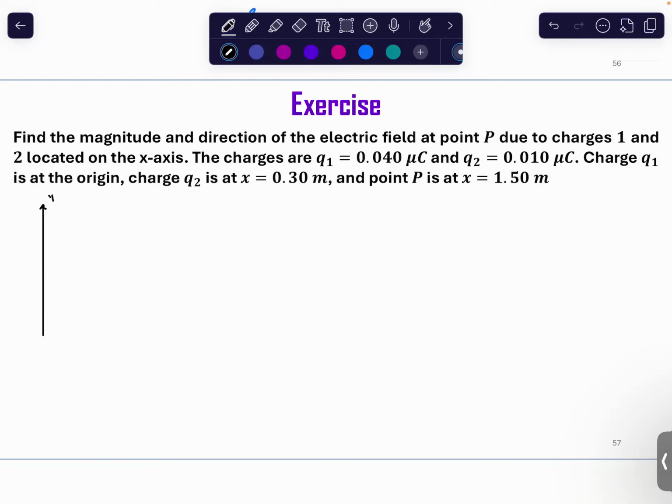We have our y-axis. We have our x-axis, so Q1 is going to be at the origin. Let's see, Q2 is at 0.3 meters. And then point P is going to be way out here at 1.5 meters.